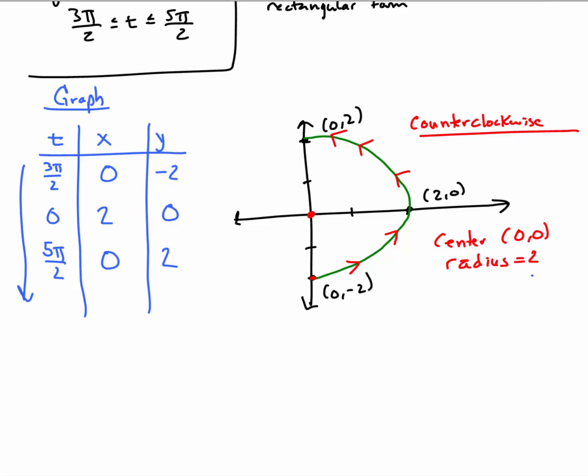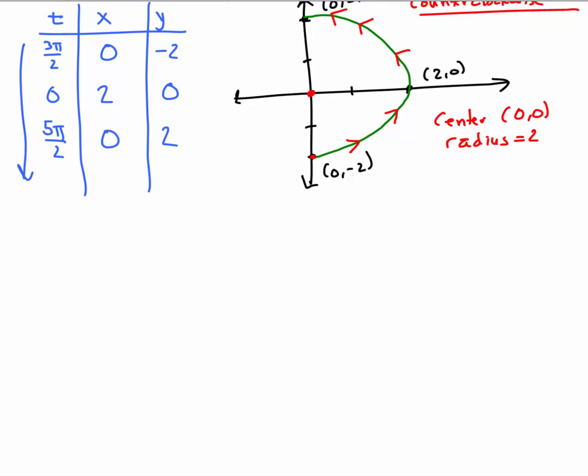So I think we ran through everything except for rewriting this in rectangular form. So in rectangular form, I need to remember some trig. So again, just to have these copied down, I have x equal 2 cosine of t and y equal to 2 sine of t.